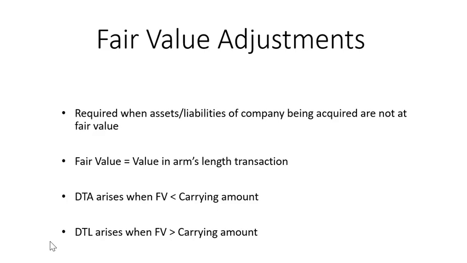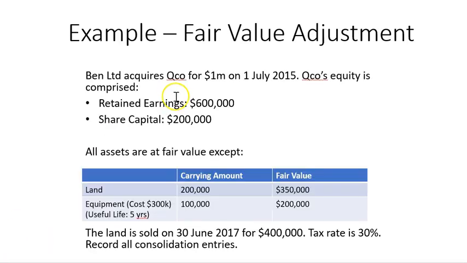So this means you'll be paying more tax than you should be. So you recognize a deferred tax asset because effectively you've paid an amount of tax to the tax office that you don't actually owe them. So they are liable to return that to you. So then you recognize an asset for tax that you will be able to use in the future when you actually sell this asset.